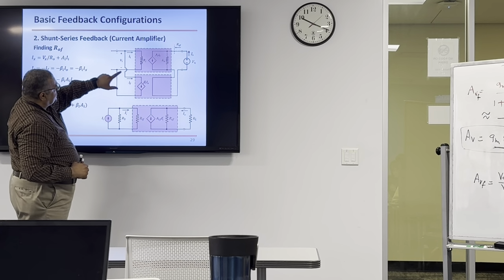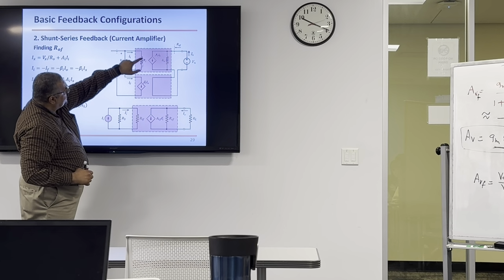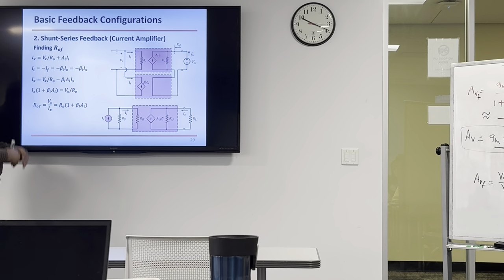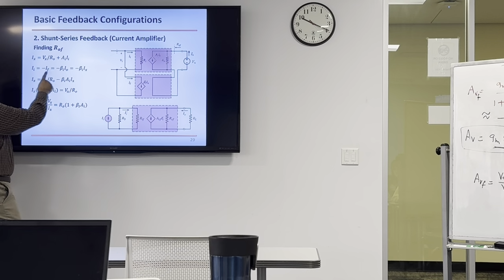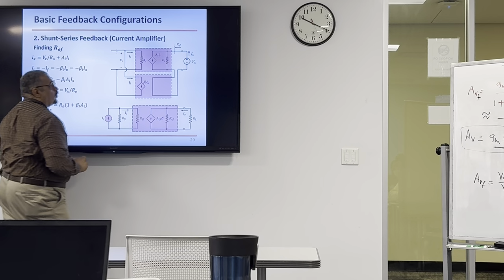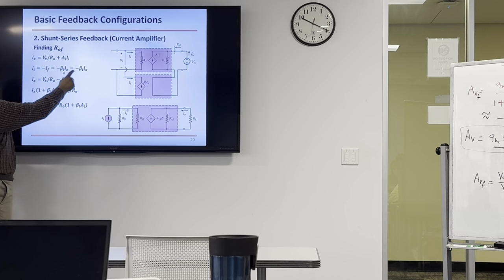So if you look at this circuit here, this current is going to go this way, and this way, and comes here. So If and Ii are the same, but they are opposite. There is a negative sign. So If in this circuit is a fraction of Io, and Io in this case is Ix, right? So this is going to be minus beta times Io, which is minus beta times Ix.